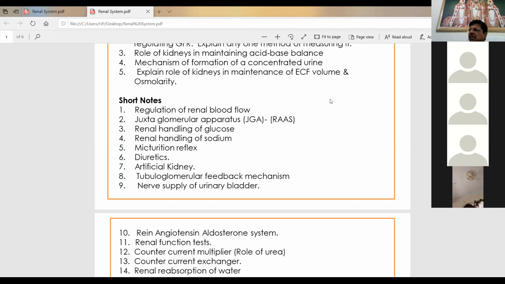Reabsorption rate in the tubule is increased in accordance with the increased tubular load. So reabsorption rate in the tubules is increased as the tubular load is increased.